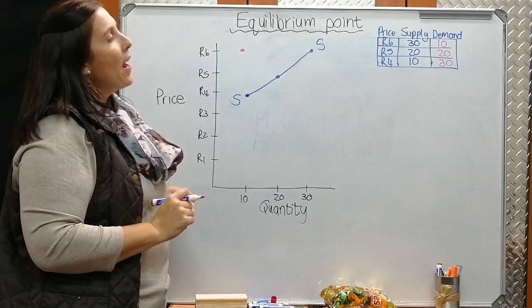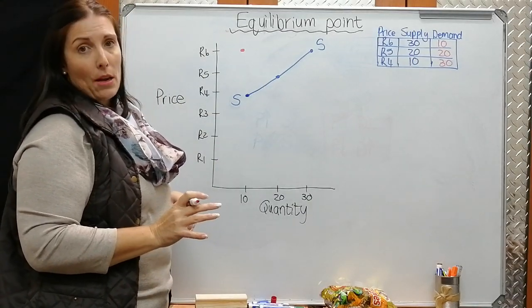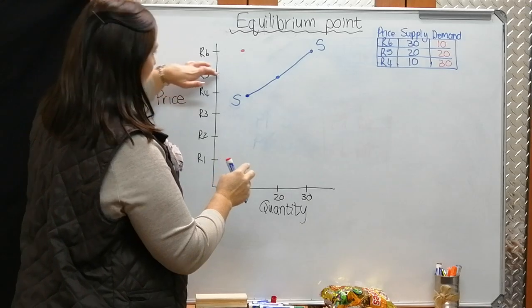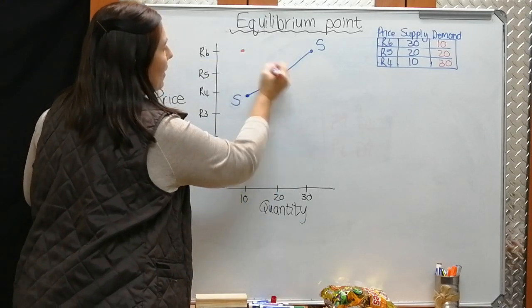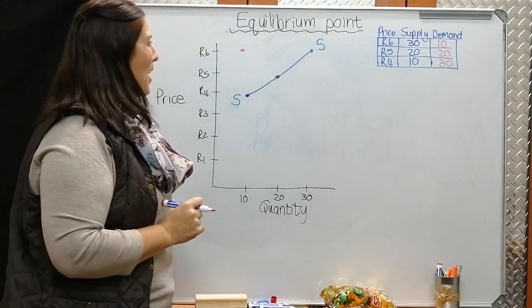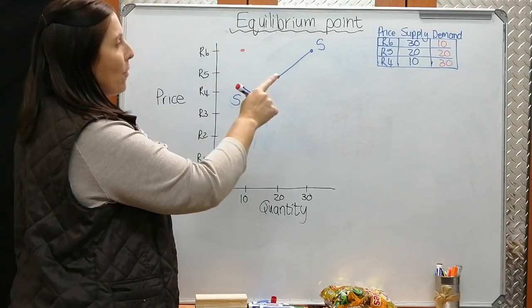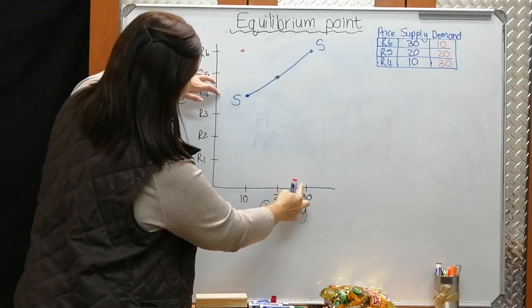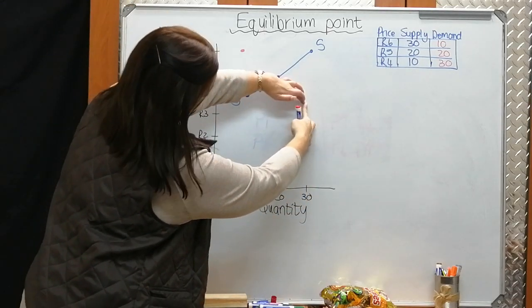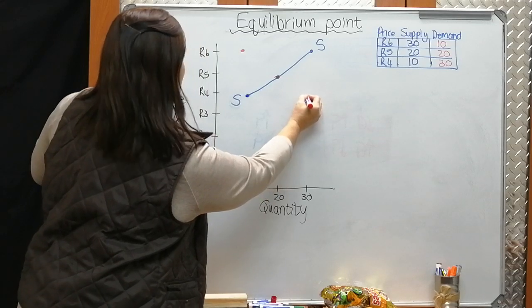Good. At 5 Rand, 20 students said they wanted to buy the packet of chips. So at 5 Rand, 20. And can you see there they connect over the supply curve? And at 4 Rand, lots of students said they wanted to buy the packet of chips, 30 of them.